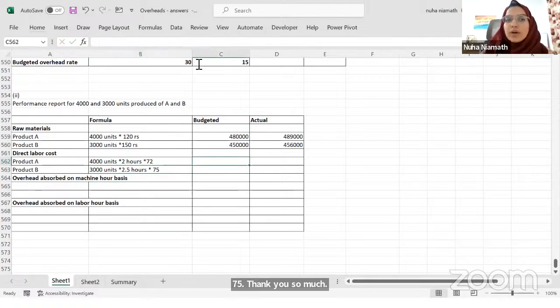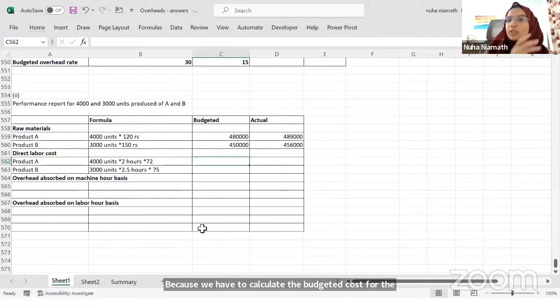So everybody's clear why we're using the actual units even though we're calculating the budgeted cost, right? Because we have to calculate the budgeted cost for the actual units only. We will not use budgeted units here of 50,000 units. We will use the budgeted costs for the actual output produced, because we need to see that when I produce 4,000 units, how much do I think I would incur and how much have I actually incurred for that 4,000 units and 3,000 units that I have produced today.